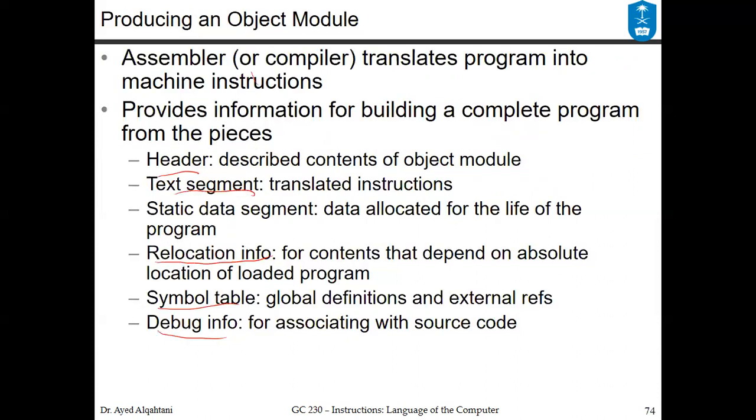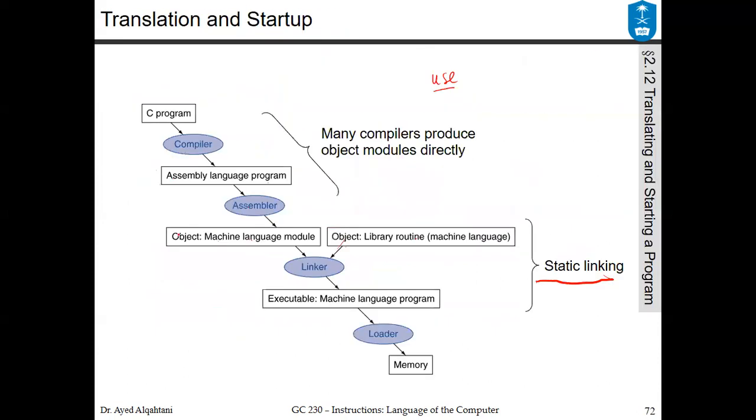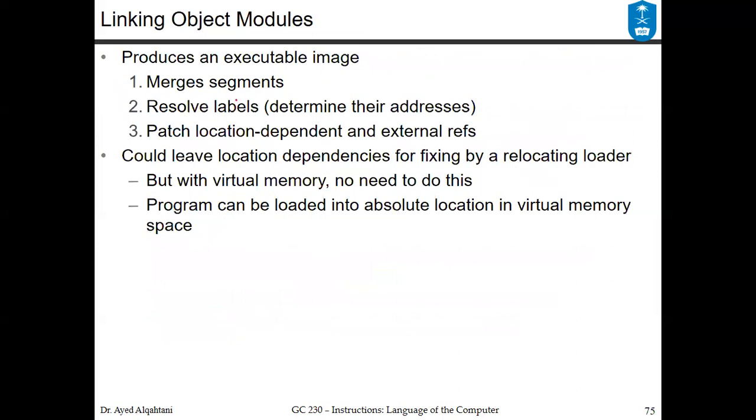Now, after we produce the object module, meaning we have the assembly and now that we have the object, we will move to linking. Linking object modules, you produce an executable image, you merge segments, resolve labels. If you have label troubles, then you need to resolve them.